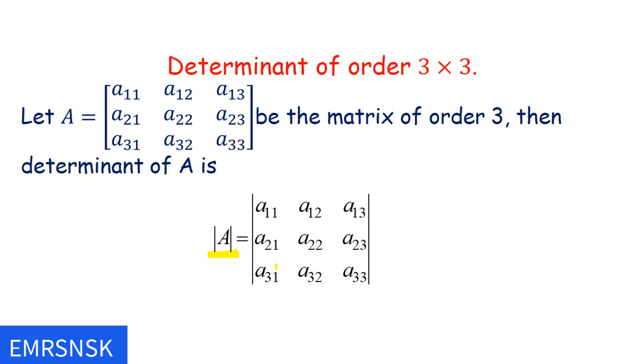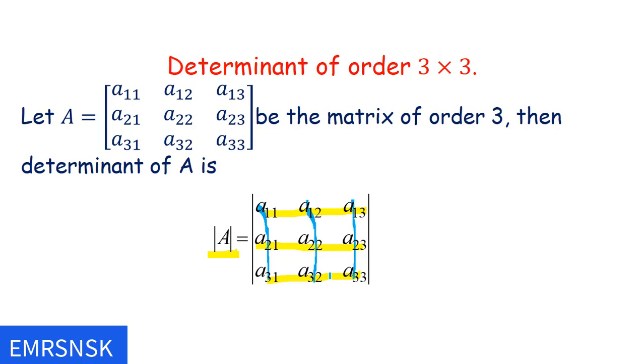We can expand this determinant along first row or second row or third row, or we can expand the determinant along first column or second column or third column. So these are the 6 ways to evaluate the determinant of order 3 by 3.